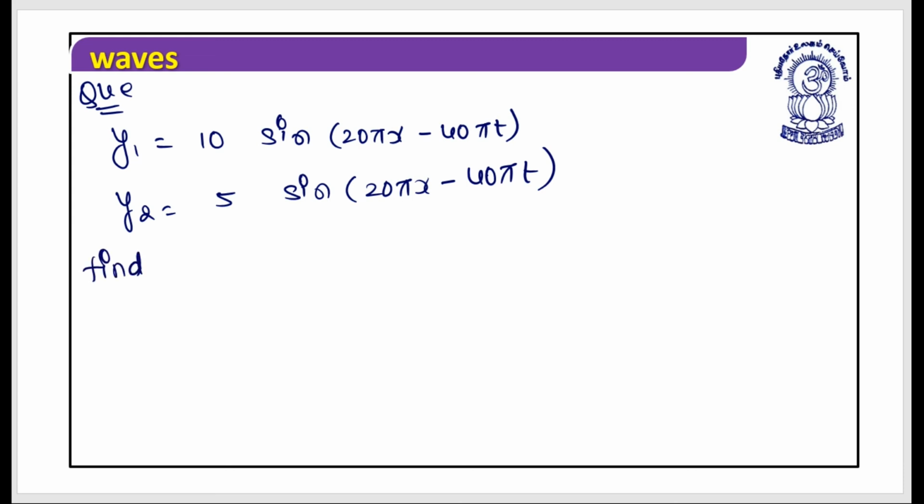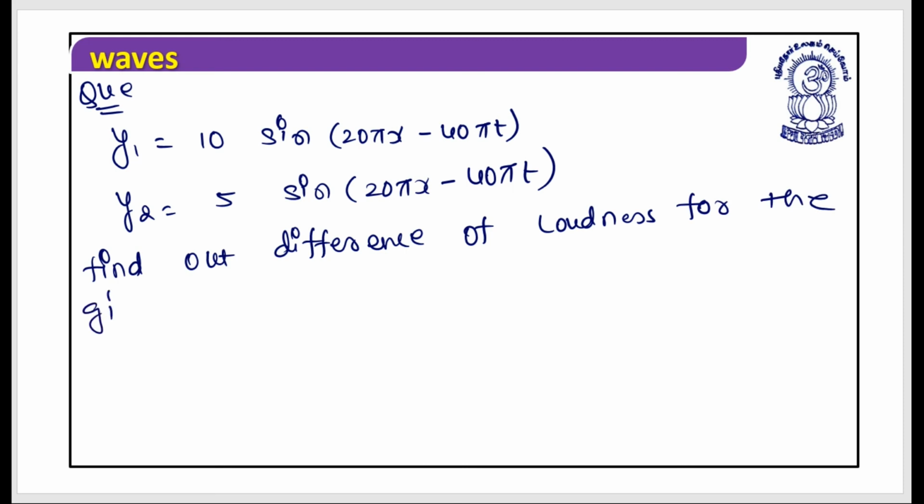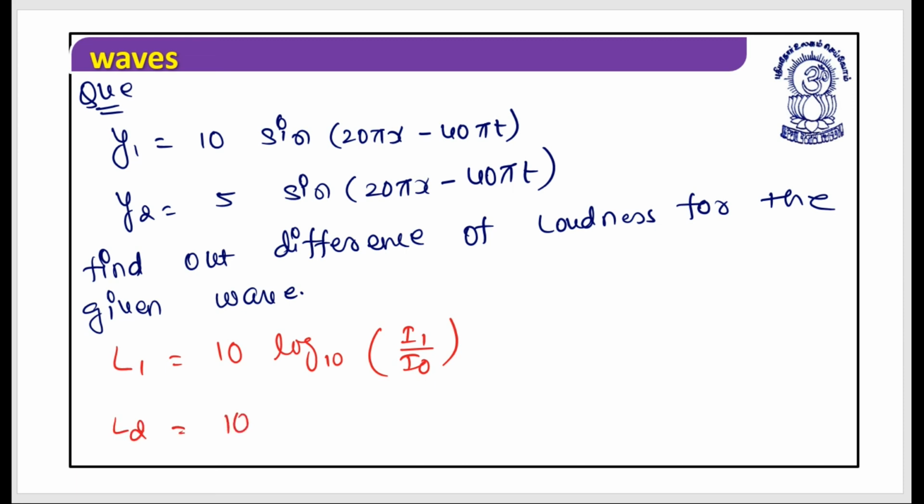Find out the difference of loudness for the given waves. So L1 could be given as 10 log to the base 10 of I1 by I naught, and L2 is 10 log 10 of I2 by I naught.